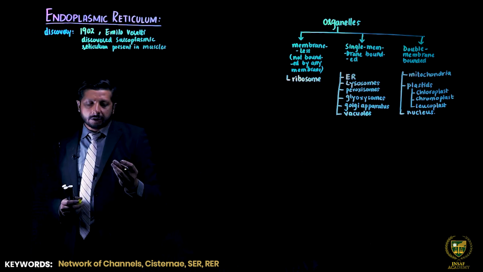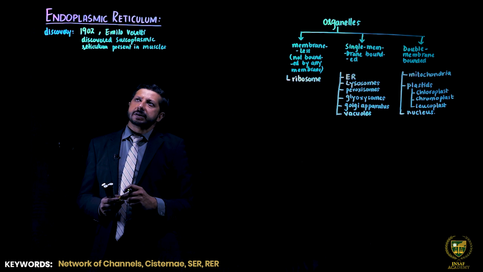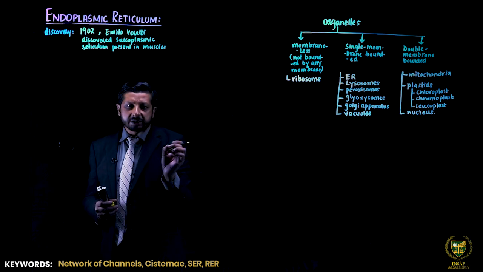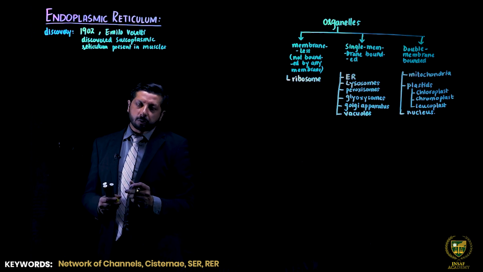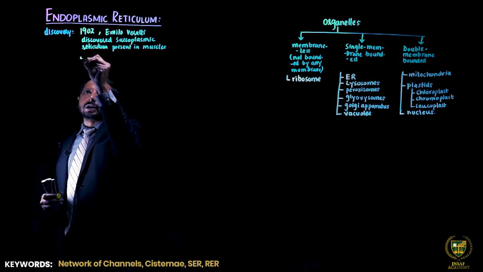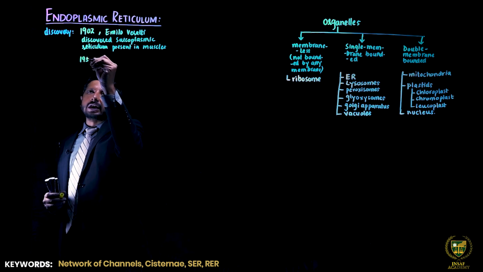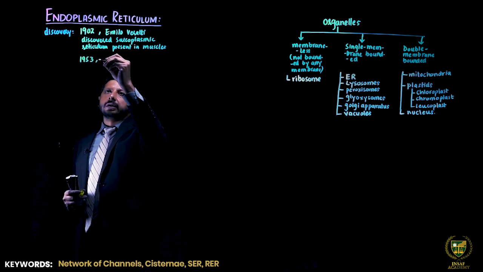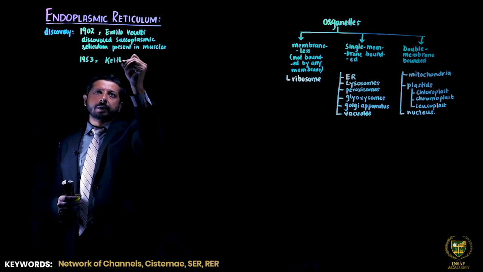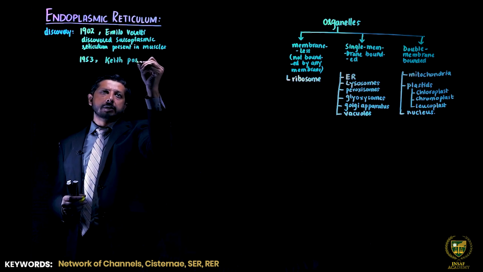Clear? So in muscles there is sarcoplasmic reticulum, which is almost the same, with a few exceptions, as the endoplasmic reticulum. And after 50 years, in 1953, there was a scientist by the name of Keith Porter.